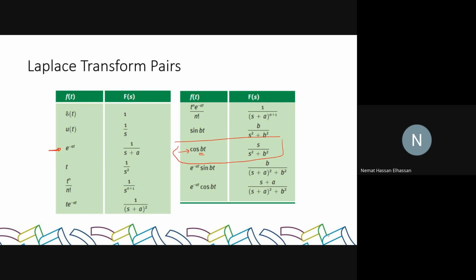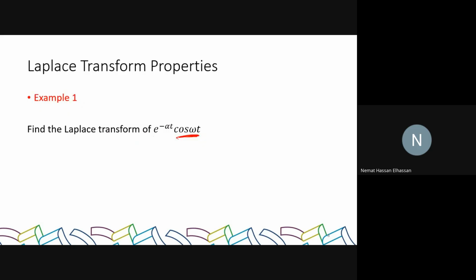So if I go back to my example, cosine ωt, I know that if f(t) is equal to cosine ωt, then the Laplace transform F(s) is equal to s over ω squared plus s squared, right?